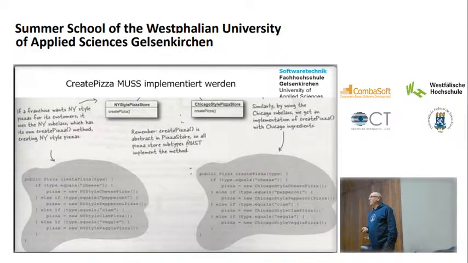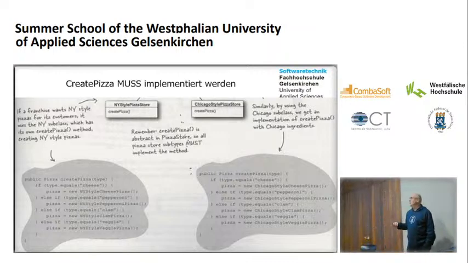So, how does it look? Okay, now I have to show you code. We have this New York style pizza store, and we look at the create pizza method there. If you want cheese, you create a New York style cheese pizza. If you want pepperoni, you get a New York style pepperoni pizza. And if you want clam, you get a New York style clam pizza. And if you want veggie, you get a New York style veggie pizza.